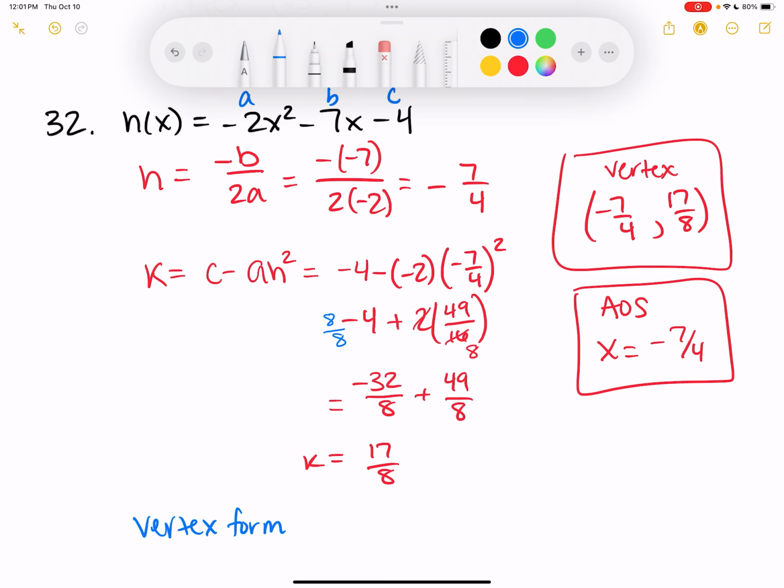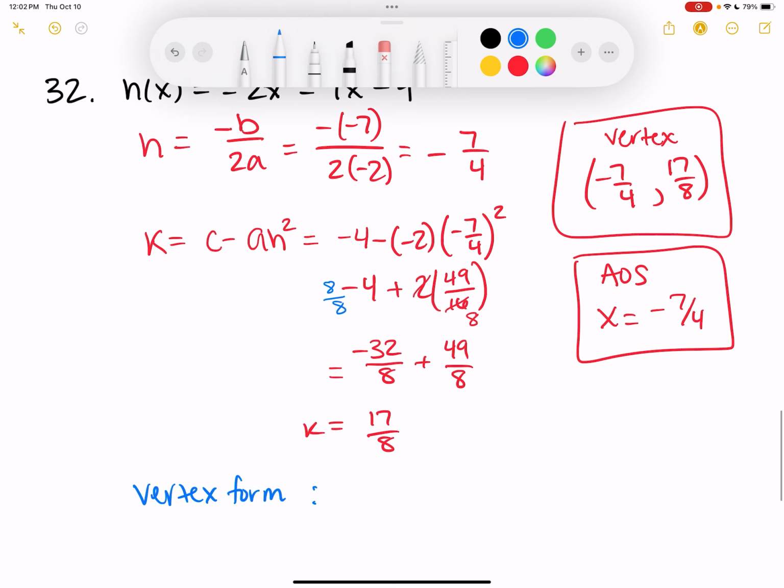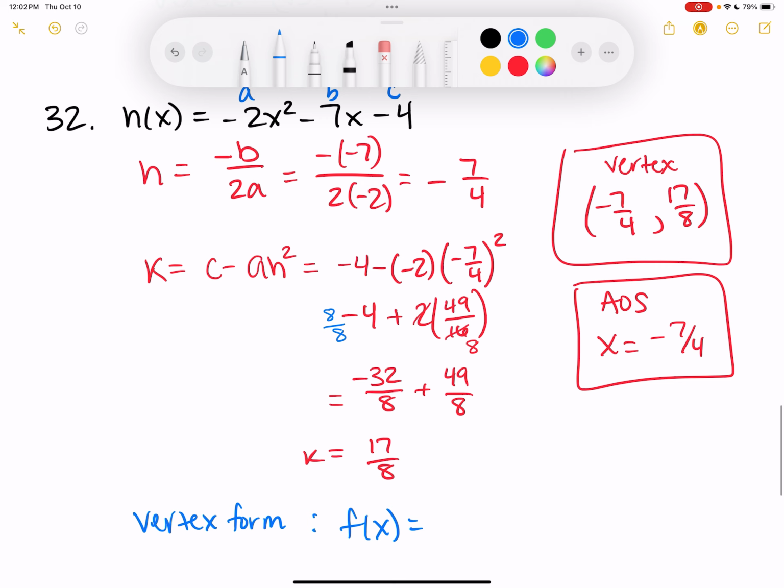You may have to go back to your notes and look at vertex form. F of x equals negative 2. So the A is just the number. So A is just negative 2. And then what?